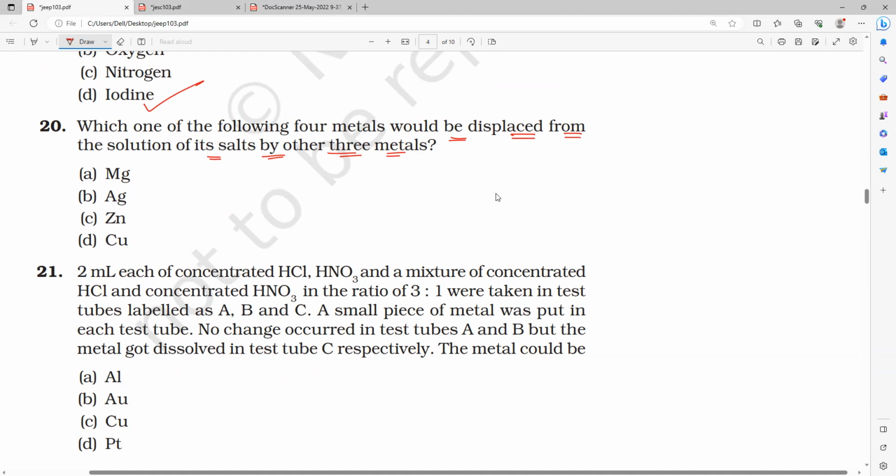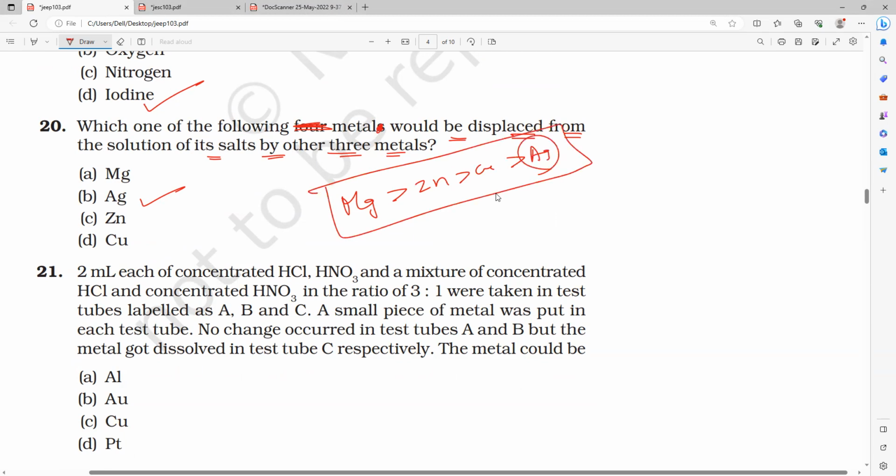Actually, it's the wrong statement. So following metal: silver. Yes, silver. Because magnesium is more reactive than zinc, is more reactive than copper, is more reactive than silver. So silver is the least reactive. So silver can be displaced by all the three.